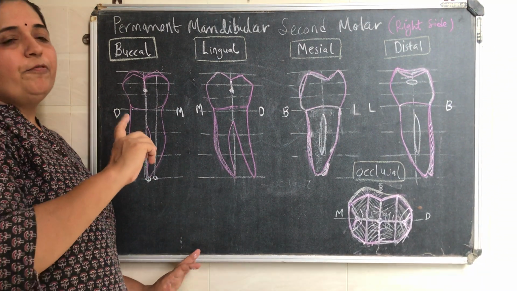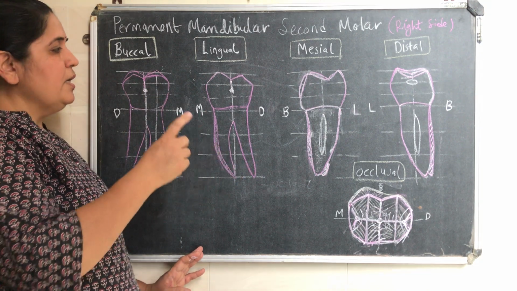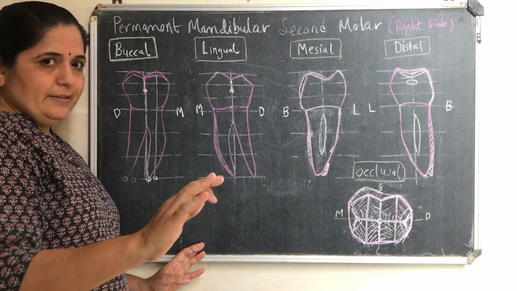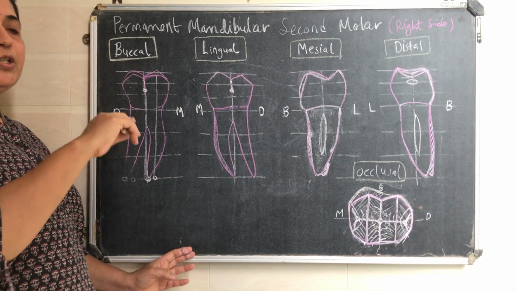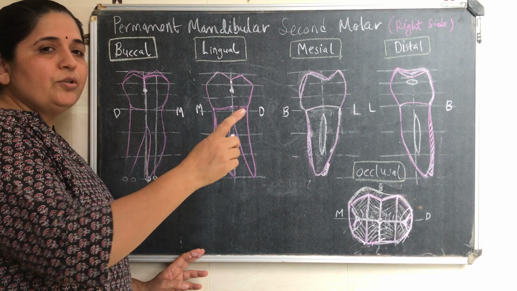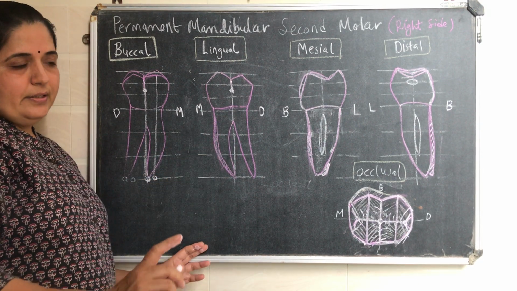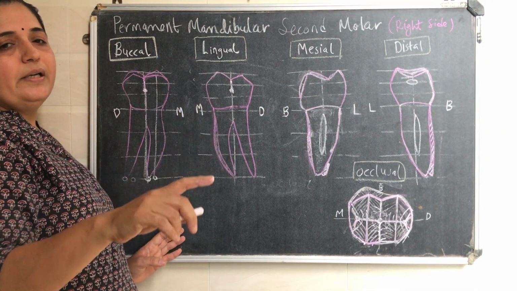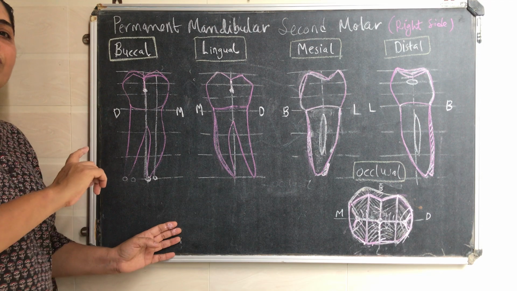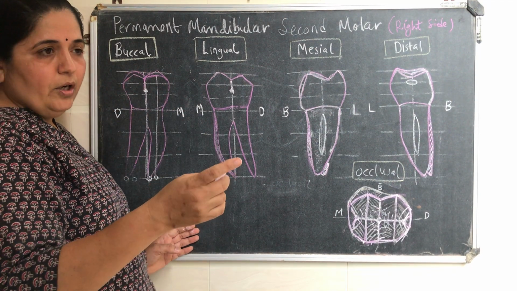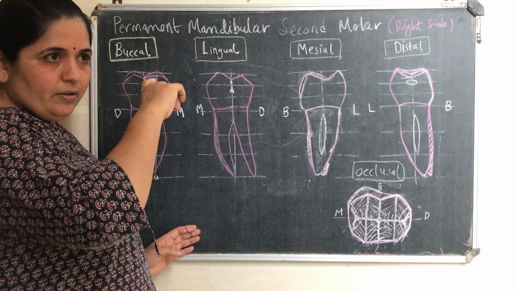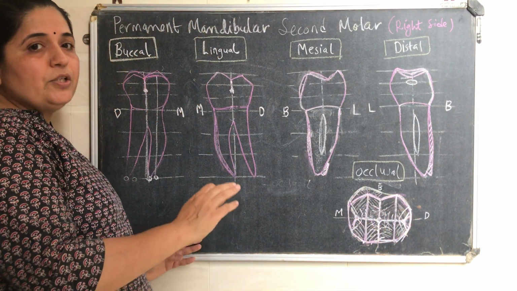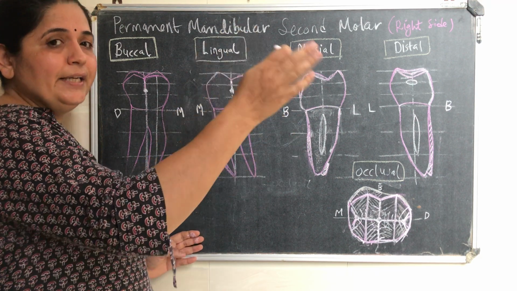As you go from first molar to third molar, the cervico-occlusal length of the crown decreases. The mesiodistal dimension decreases. The buccolingual dimension decreases. The inclination of the buccal surface towards the distal side increases.